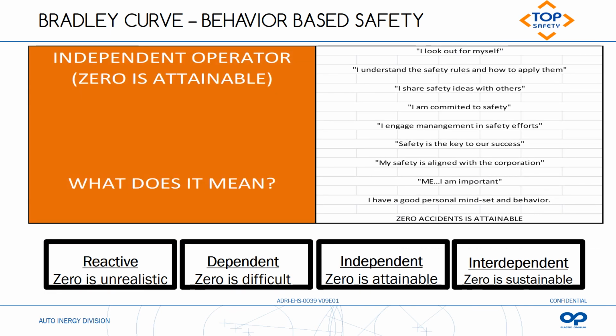Independent. This is the me, I am important phase. Do you want to go to the hospital today? If not, this is your phase. This is understanding that you are committed to safety, that accidents can happen. And if I have a good personal mindset and behavior, 0 accidents is attainable.